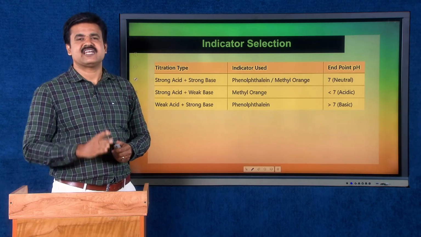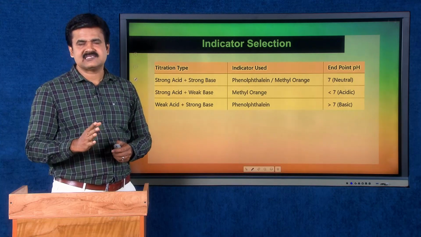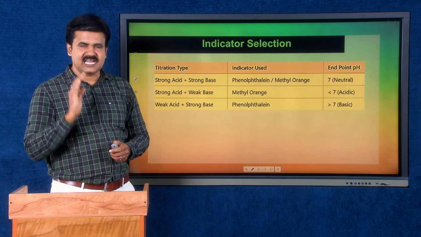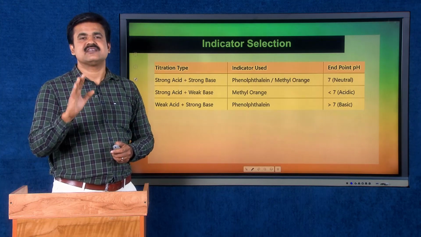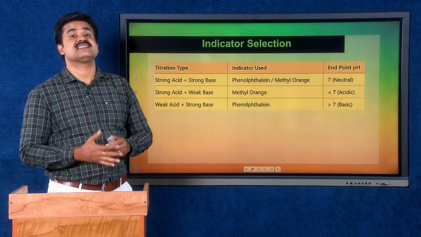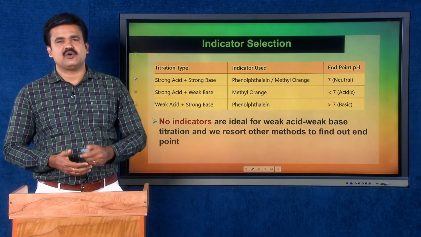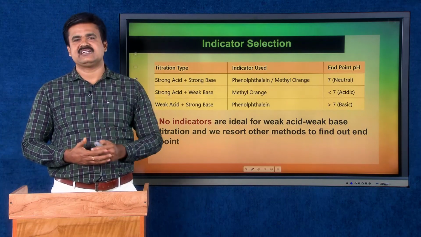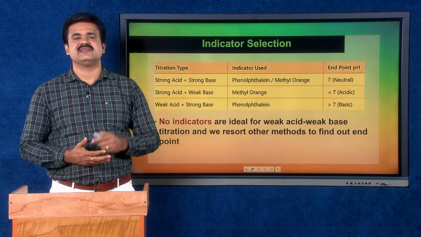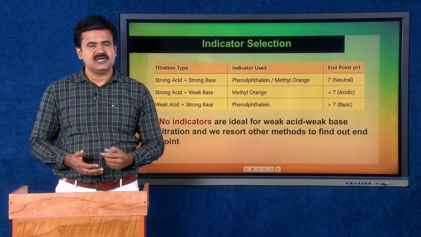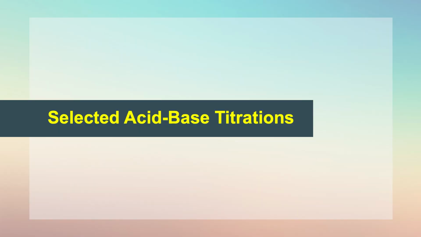Only 3 kinds of titrations are possible. That means weak acid weak base titration is not possible in acidimetry and alkalimetry. That is because there is no visible indicator for such a kind of titration. Now, this point I already discussed. No indicators are used for weak acid weak base titration, and we resort to other methods to find out the end point.